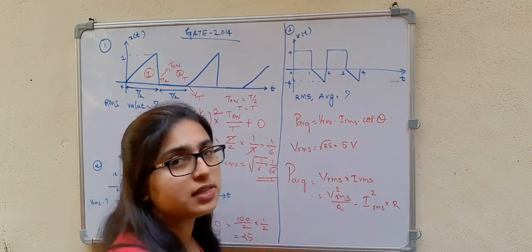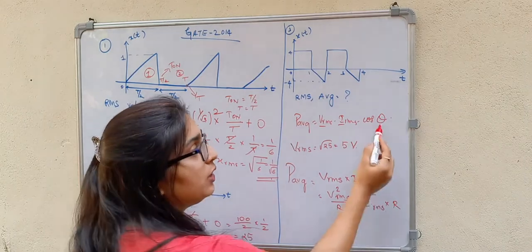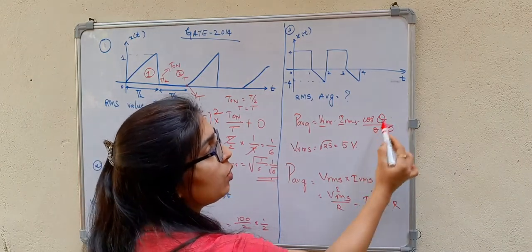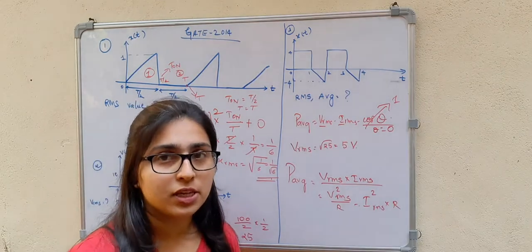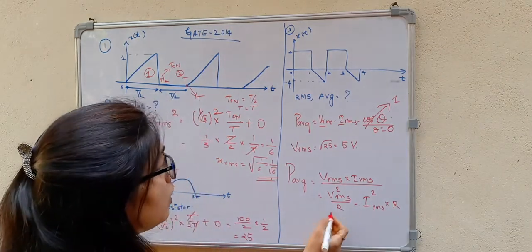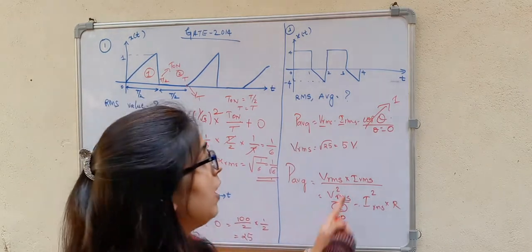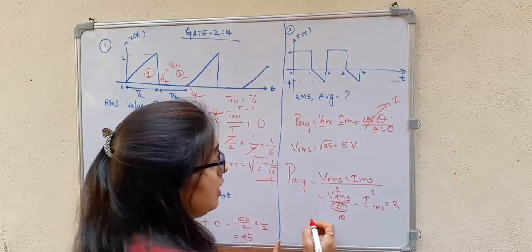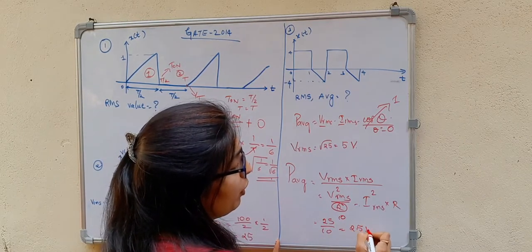In a resistive circuit, V and I are both in phase, therefore theta is equal to 0, so cos 0 is equal to 1. So we can write it as V RMS into I RMS. Here they have given the value of the resistor, that is 10 ohm, and we have found the V RMS, that is 5. So 25 divided by 10 is 2.5 watts.